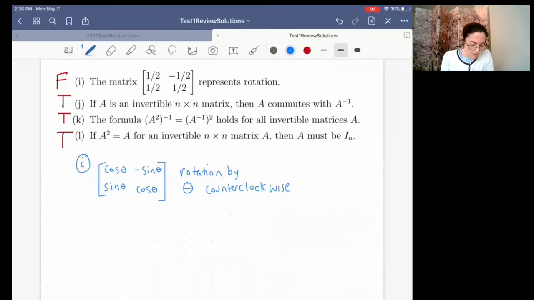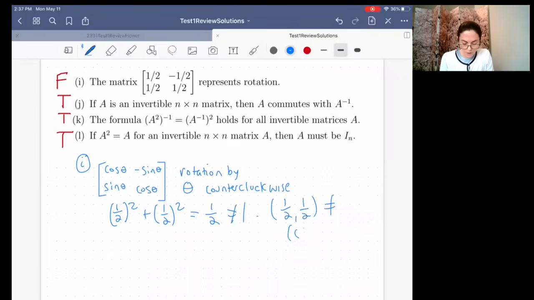We need cosine squared plus sine squared is 1, and you notice that 1/2 squared plus 1/2 squared is a half, which is not equal to 1, and so 1/2, 1/2 is not equal to cosine theta, sine theta for any angle theta. But you could also just say, well, if the cosine is a half, the sine has to be square root of 3/2. So this is not rotation by any angle.